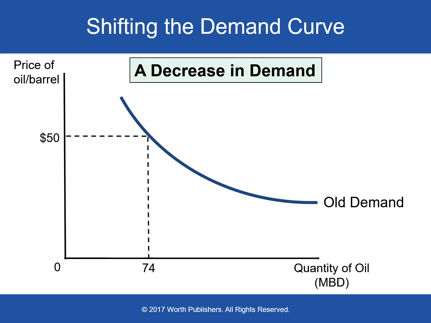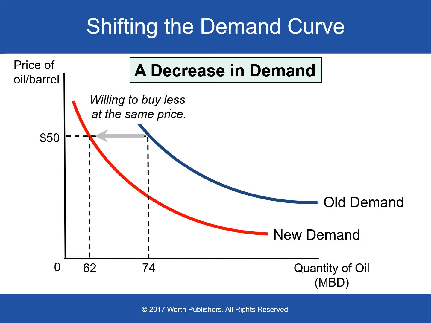The blue line is the initial, what we'll call oil demand. And you can see if we quote a price of $50 a barrel, quantity demanded is 74 million barrels of oil. And if we decrease demand, the demand curve shifts to the left. And if the demand curve shifts to the left, you get different buying behavior from before.